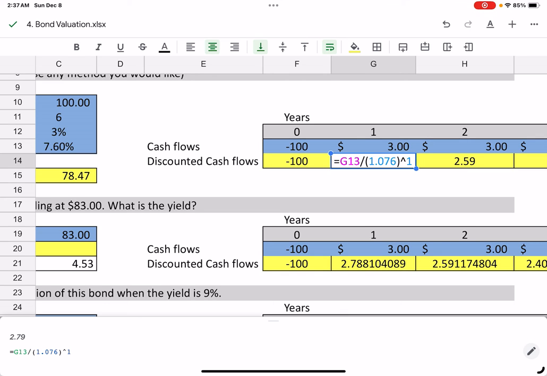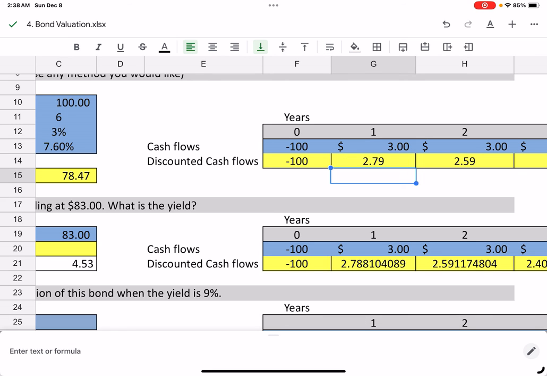So 1 plus 0.076 equals 1.076. We divide G13, which is the cash inflow, by 1.076 raised to the power of 1, because we are receiving this cash flow at the end of year one. The answer we get is 2.79.